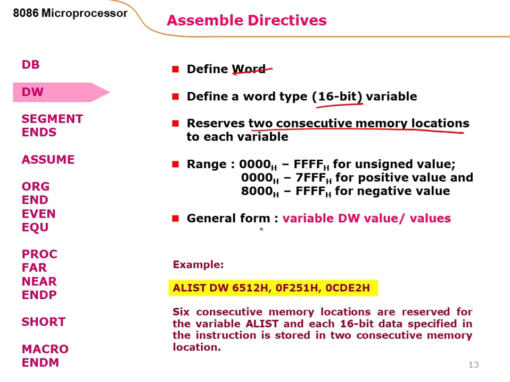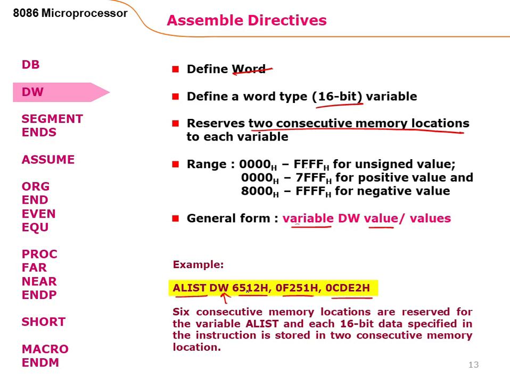Now the general form will be the same as DB. First we give the variable name, then the assembler directive DW, and then the value or values. We define a variable list. It is of word type, so we have to specify 16-bit data here, and we have assigned three values to it.